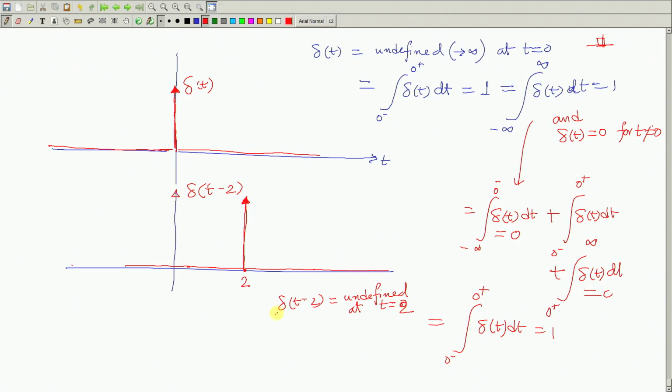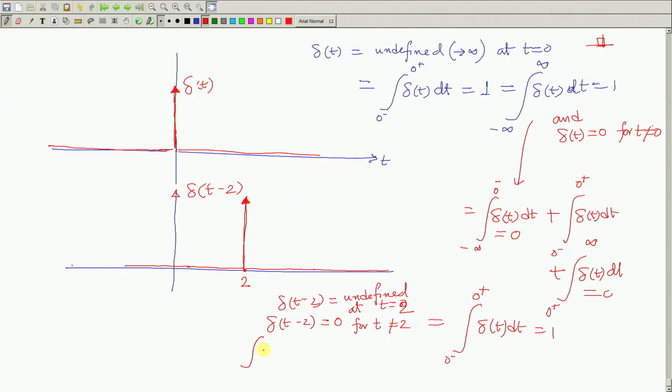And then I will say delta(t minus 2) is equal to 0 for t other than 2, anywhere for t less than 2 it is 0, for t greater than 2 it is 0.